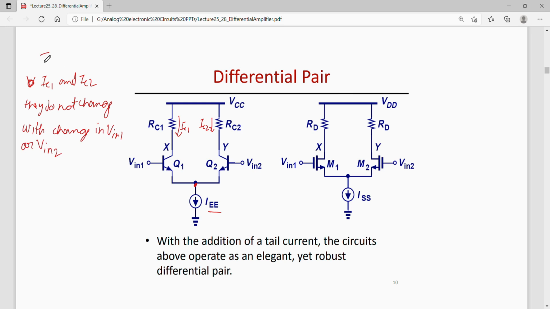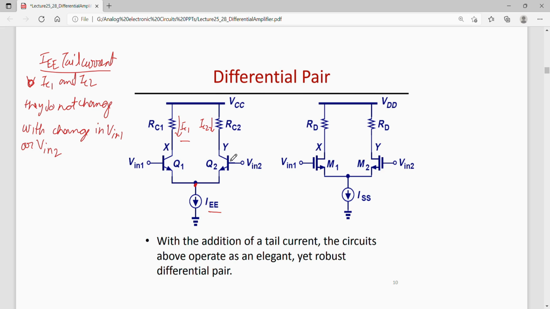This is ensured by adding a tail current IEE. This makes the circuit more robust, as the operating point is now more stable. Collector current is now fixed by this, and it does not depend upon Vin1 and Vin2.